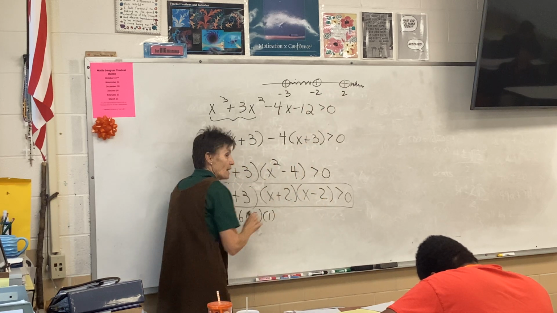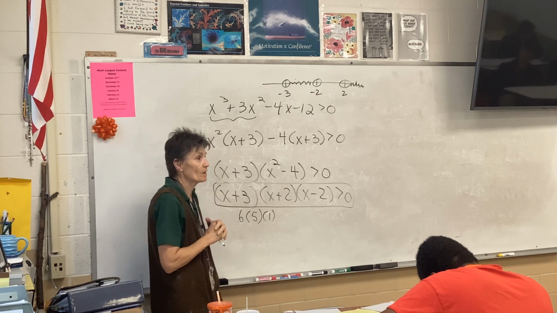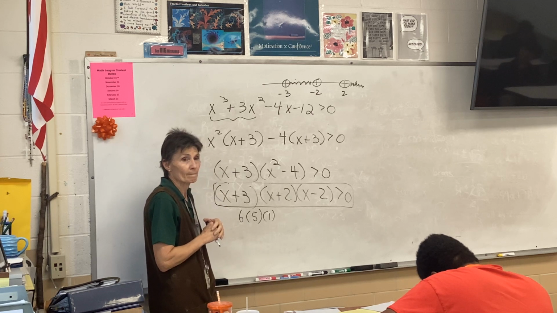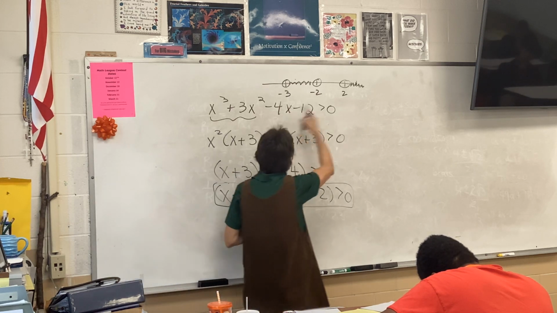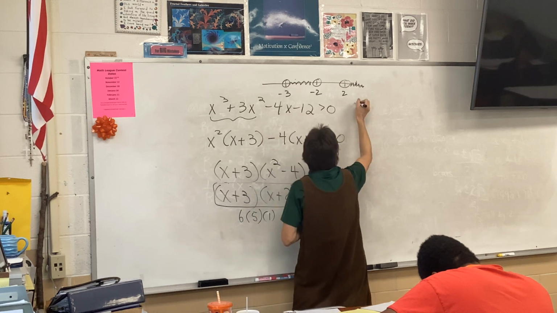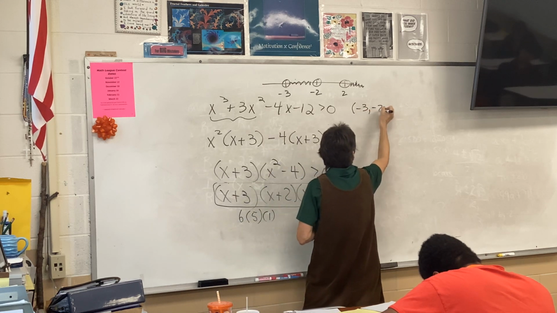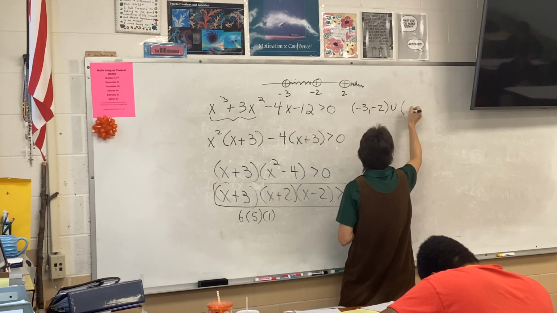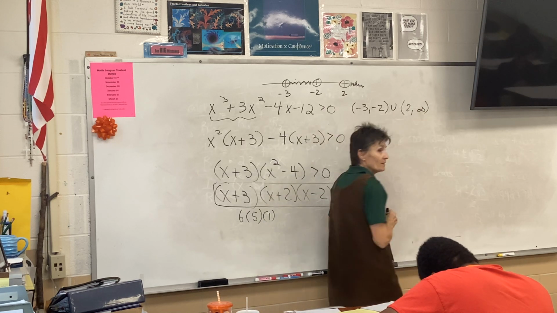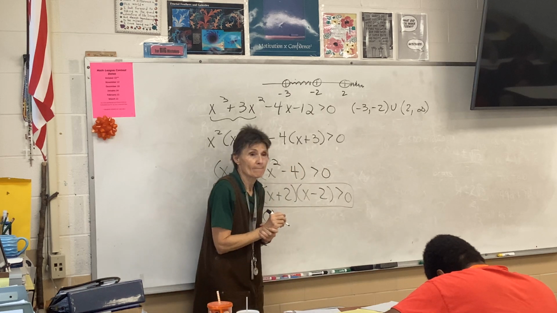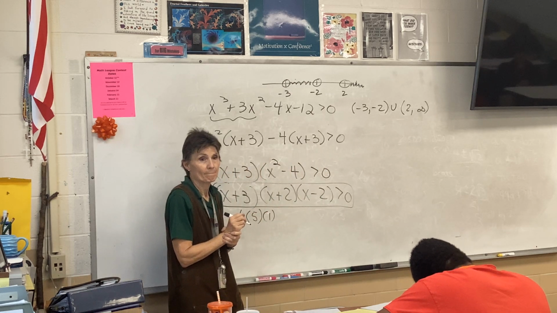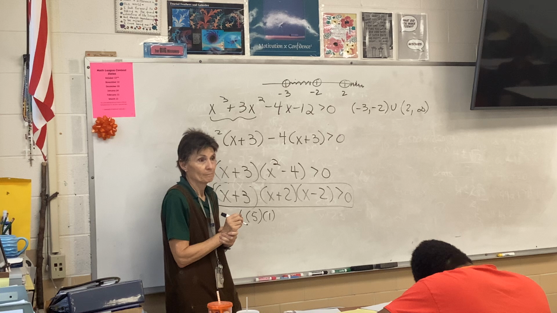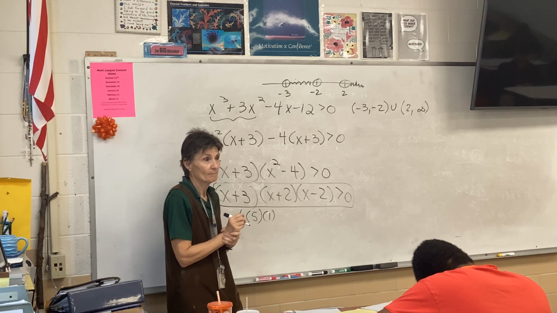But we don't need to do that because we don't have any squares. So what's the answer? Everything that's shaded. Parentheses, -3, -2, in union with 2 to infinity. Is that okay?